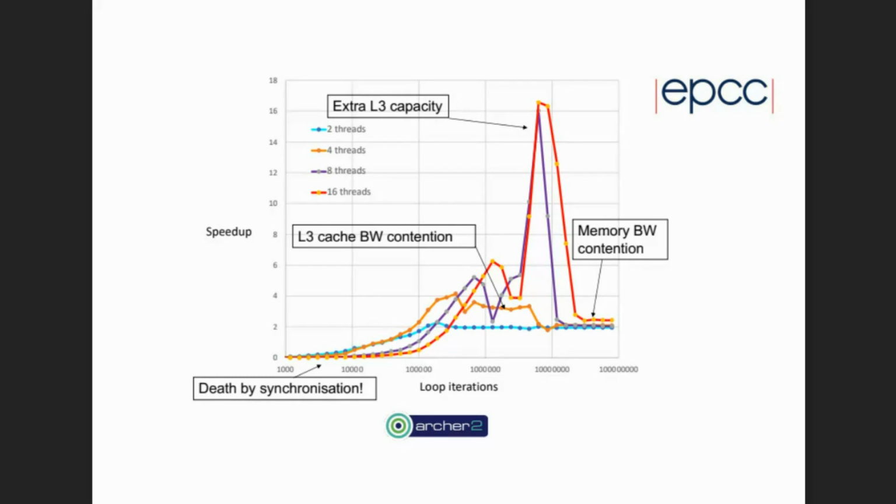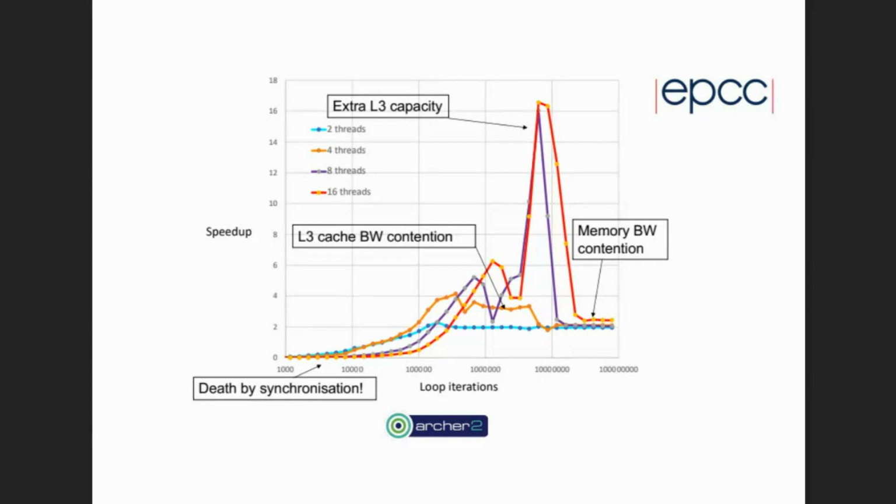Right. They put a lot of cores on the chip, but that's meant some compromises. The amount of bandwidth per core that you get is not that great, and you have this contention problem. You can look at it two ways.